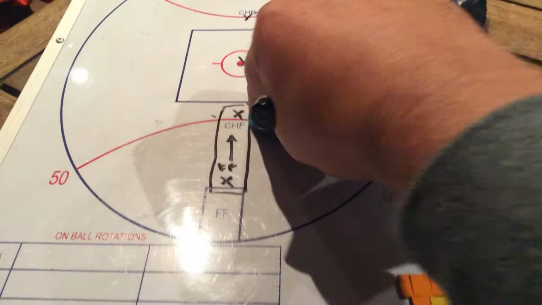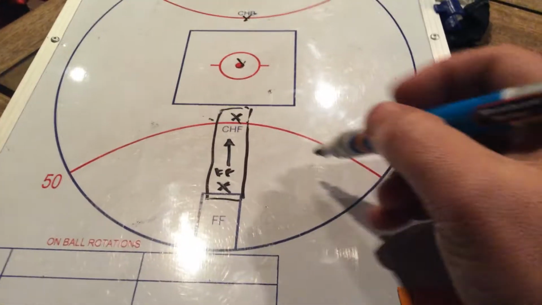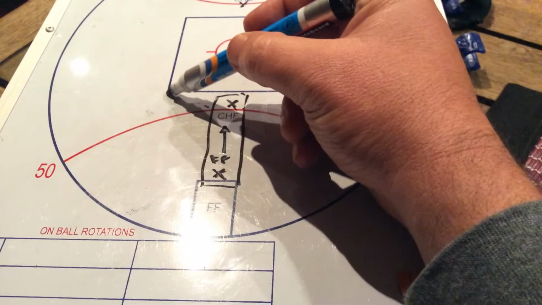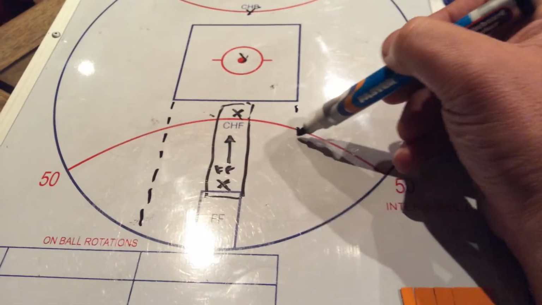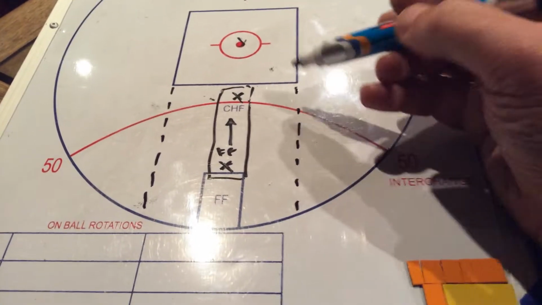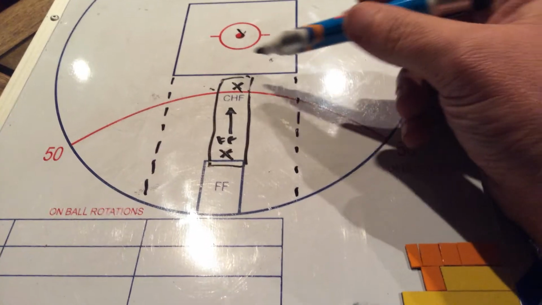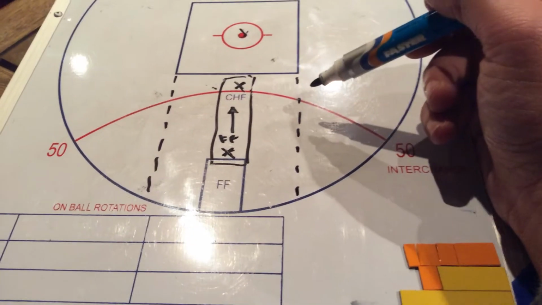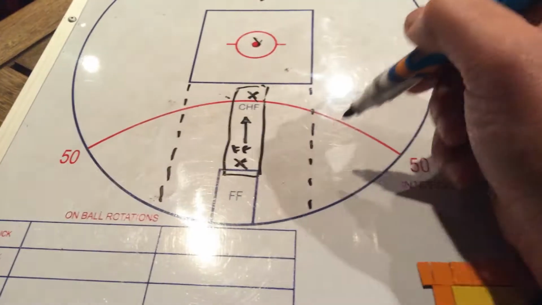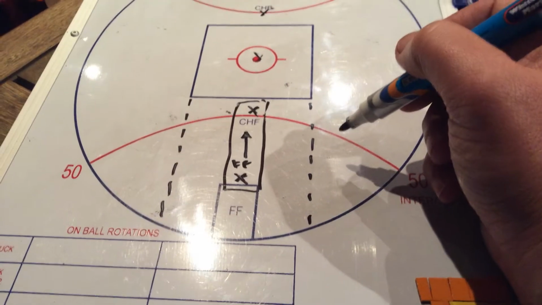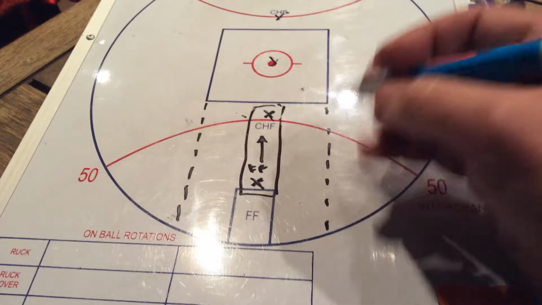With our half forward flanks and our forward pockets, what I want to do is move you into what is called the centre corridor. That's generally in line with the centre square, and given that you guys have got little legs, it's about trying to keep the ball into an area that allows us to contest the ball a bit easier.